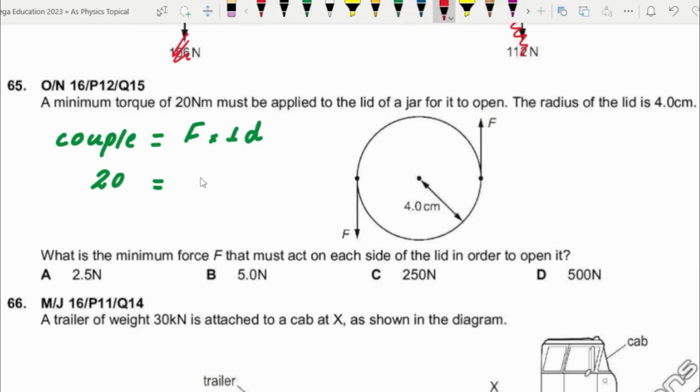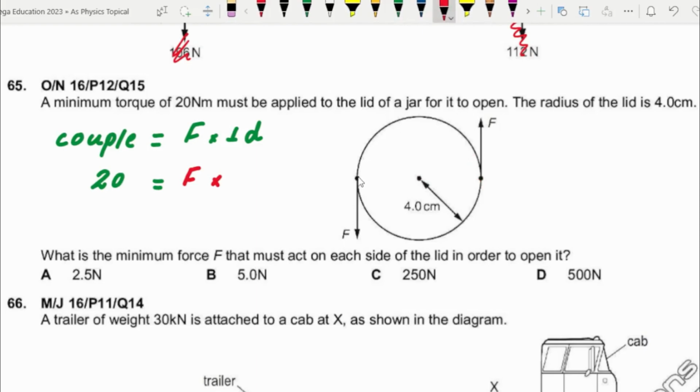And the force would be written as F. Find the value of F. We write it down as it is, times the perpendicular distance between the two forces. So the radius is 4 centimeter or 0.04 meters. But what is the total distance between the two forces? That would be 0.08.